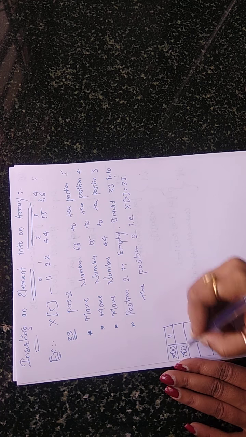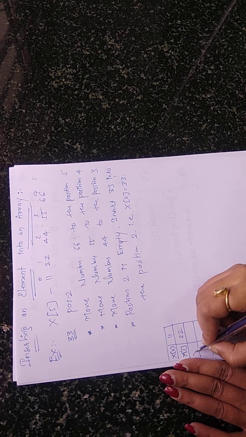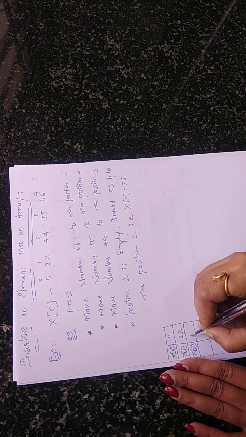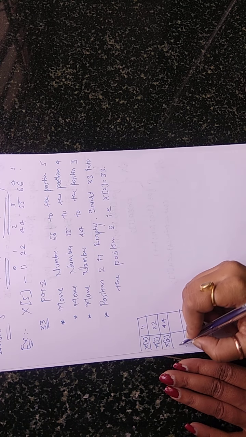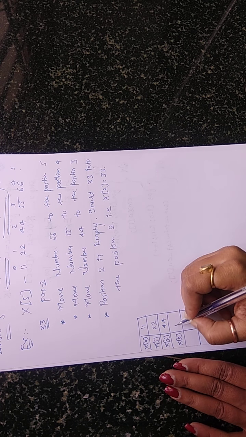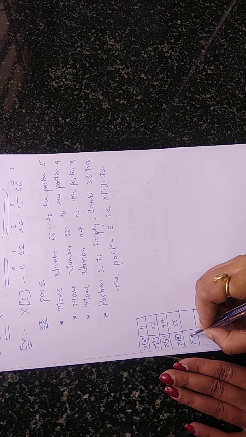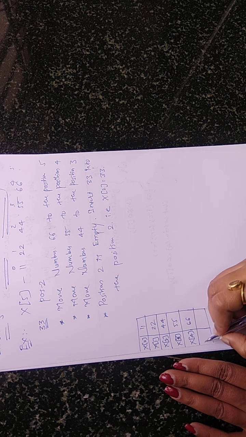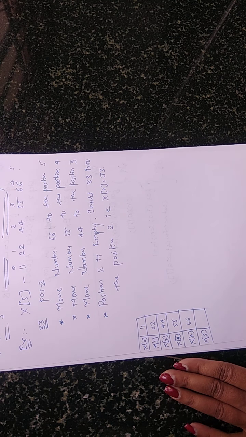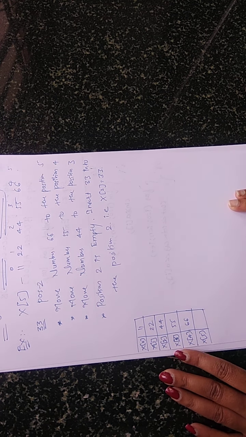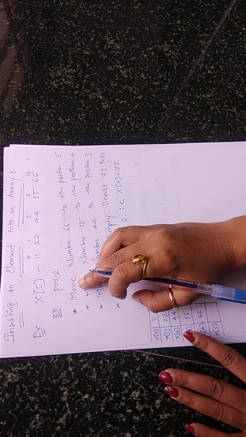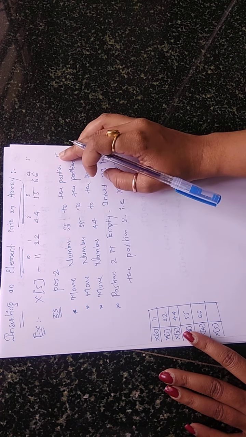X of 1 position, 22 is stored. X of 2nd position, 44 is stored. X of 3rd position, 55 is stored. X of 4th position, 66 is stored. X of 5th position is empty. Fine. Now, the very first step is to move 66 to the position 5.